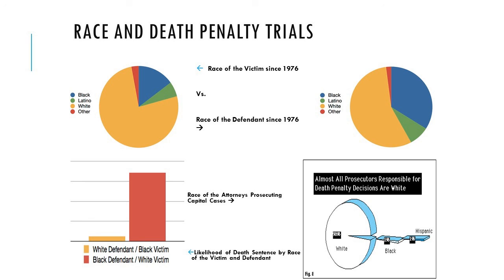So we're losing some of that review of these cases from alternate perspectives that we might see if there was more minority or at least non-white representation in prosecutors' offices related to death penalty cases.